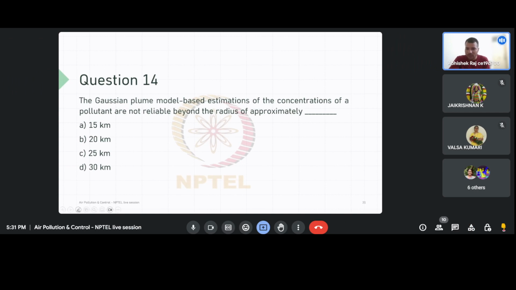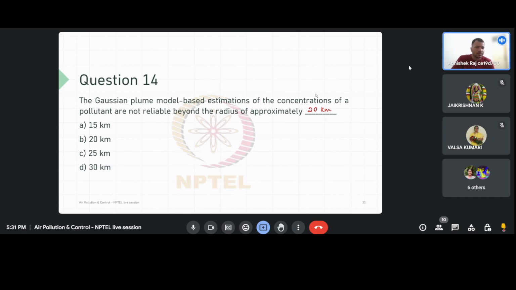So not much to discuss here in this question. When we apply the GPM model, it will be reliable at maximum up to 20 kilometers. Beyond 20, this reliability will be lost. The reason is that the pollution sources will start interfering with each other. Wind speed can change over a course of 20 kilometers.